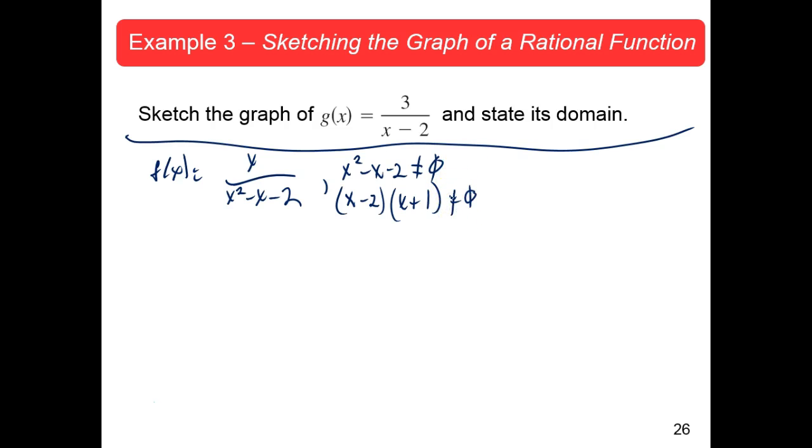Where do you go from there? So each one of them not equal to 0: x minus 2 cannot equal 0, and x plus 1 cannot equal 0. Because if either one of them were 0, then your denominator would be 0. What does the first one give you? X cannot equal 2, and the second one, x cannot equal negative 1.